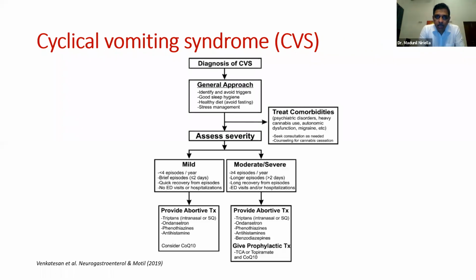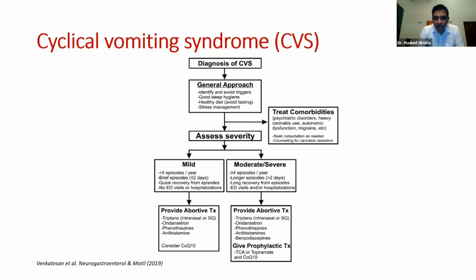A little bit on cyclical vomiting syndrome. We know the diagnostic criteria from the Rome 4 consensus. This can be mild or moderate based on the number of episodes, less than 4 or more than 4 per year, the episodes being brief or long, the quickness of recovery from these episodes, whether quick or long, and the need for hospital admission and ED visits.